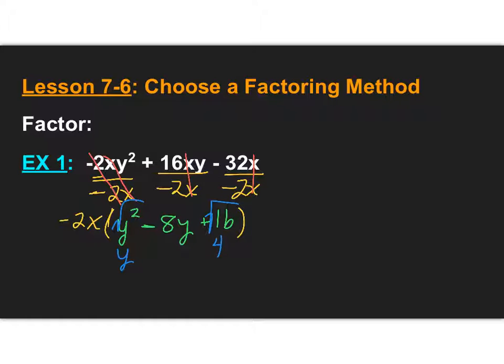My test is 2 times a times b. So 2 times a we found was y, and b we found was 4. And so the answer to that, 2 times y times 4, is 8y, and that matches.